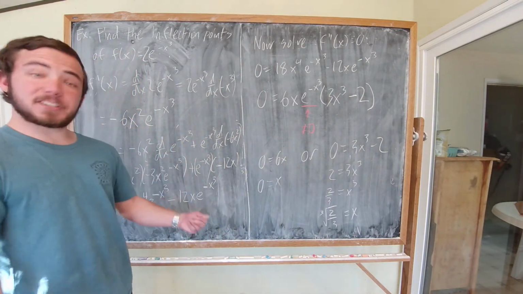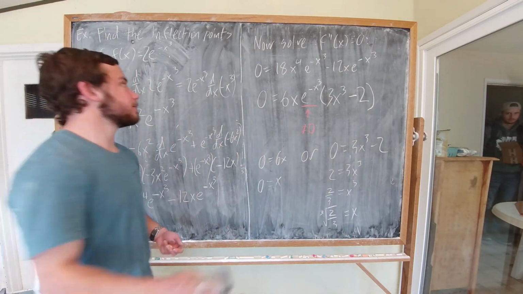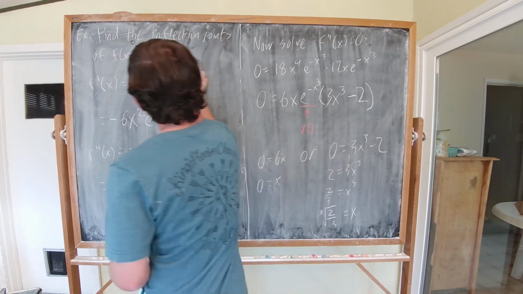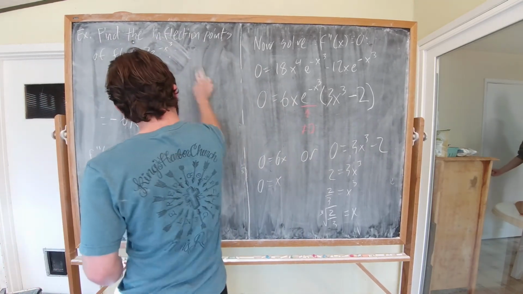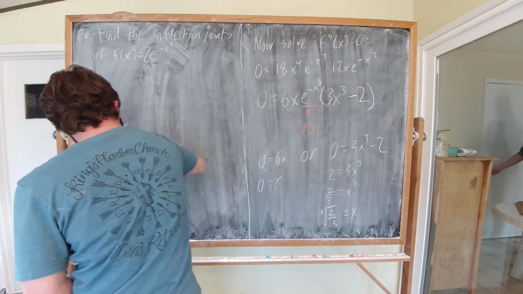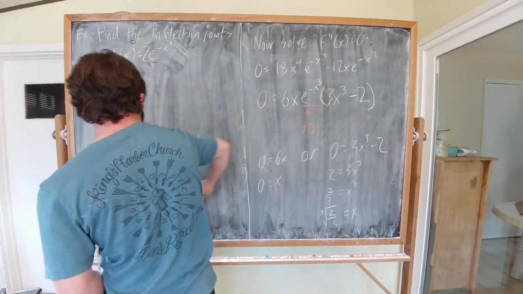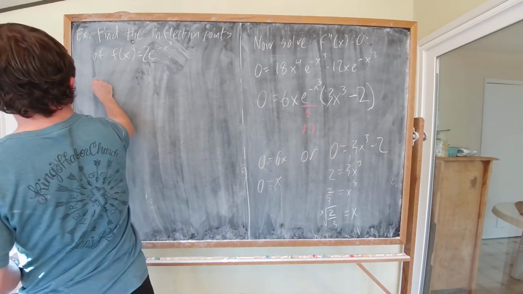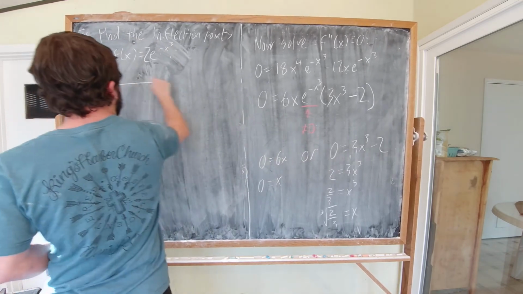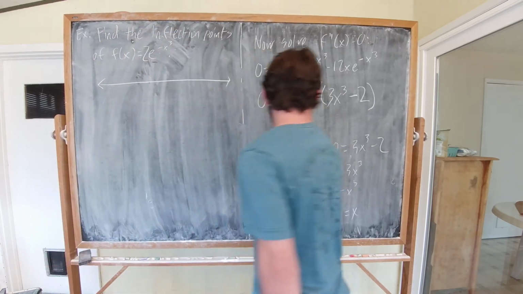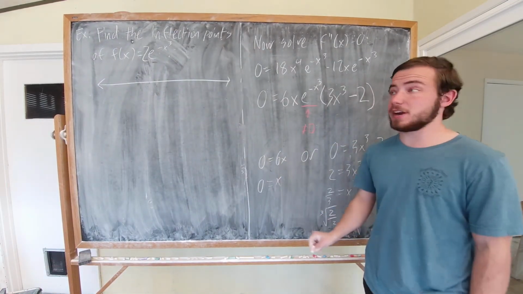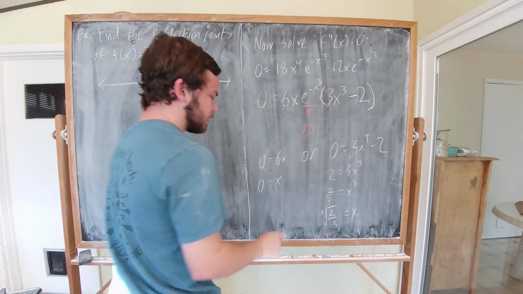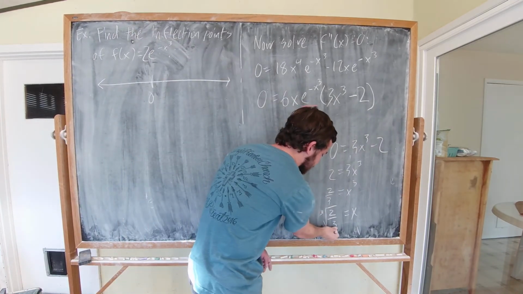Alright, let's split up our number line and go from there. Putting these 2 points on the number line, we have 0, and then cube root of 2/3.